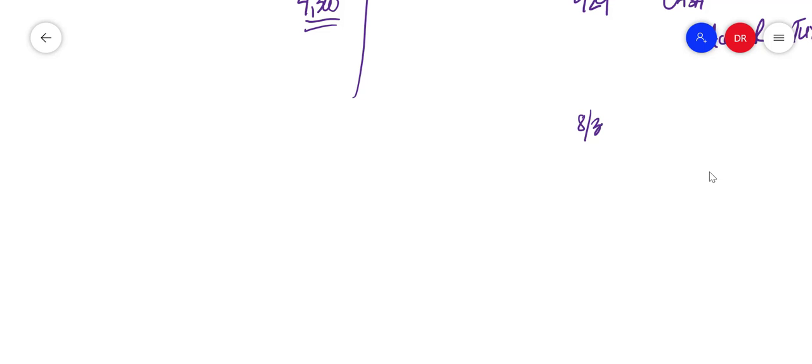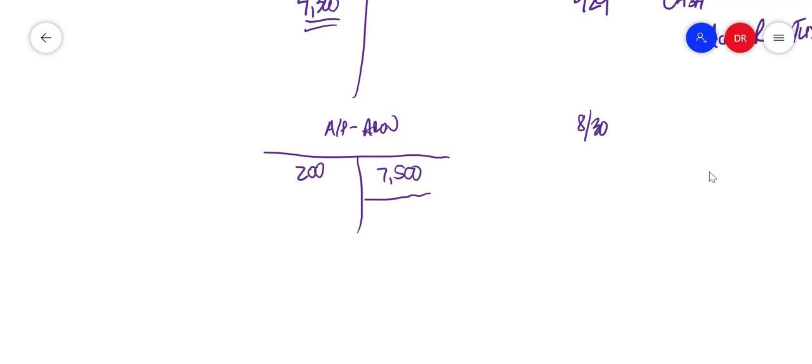So we look at Aaron's original purchase, which is an accounts payable. So we have an accounts payable, Aaron, $7,500. We reduced that by the amount of the freight we paid, $200. So we have $7,300 as a balance.